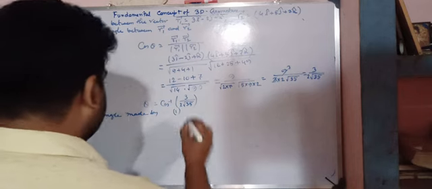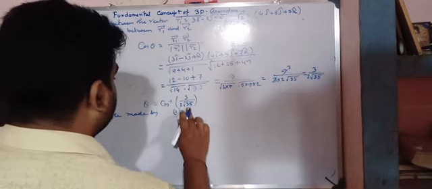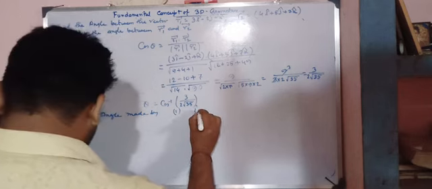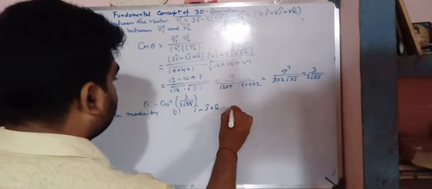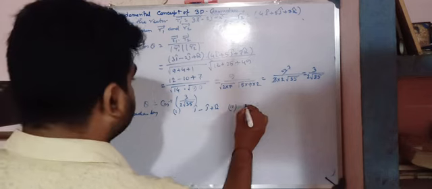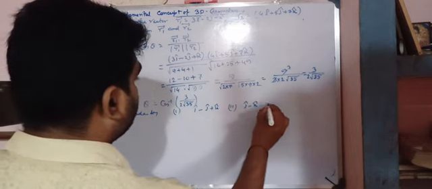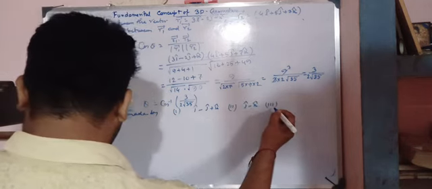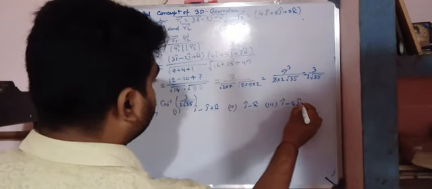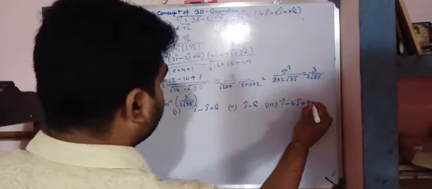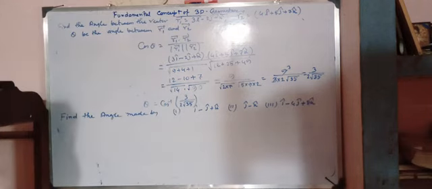First vector is equal to i cap minus j cap plus k cap. Second vector is equal to j cap minus k cap, and third vector is equal to i cap minus 4j cap plus 8k cap.